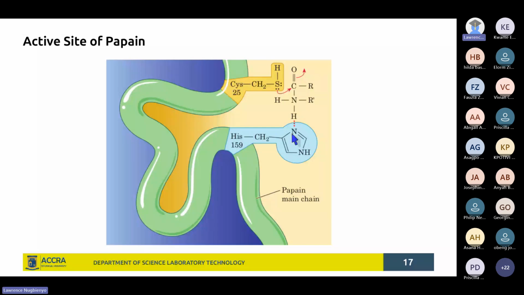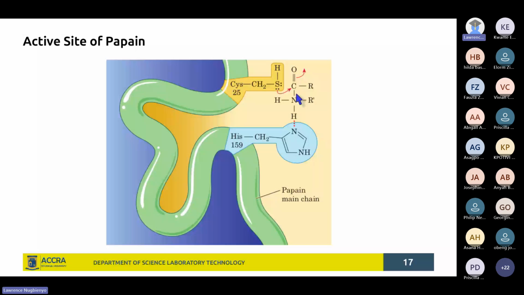Similarly, you are seeing that the nitrogen in the imidazole ring of histidine is also having some hydrogen bonding interaction, so that nucleophilic attack on the carbon is going to result in some polarity there, and the hydrogen bonding with that imidazole ring, these two interactions will result in a stretch and a weakening of that peptide bond, so that the peptide bond eventually can get broken.